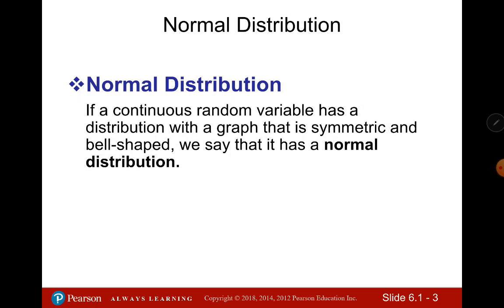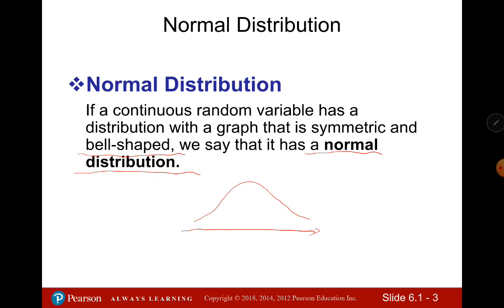So first, if a graph of a distribution is a bell-shaped curve, we call it normal distribution. So basically, you only need to know the bell-shaped curve. So we know what is a bell-shaped curve. It's symmetric, right? So this kind of shape, we call it a bell-shaped curve.